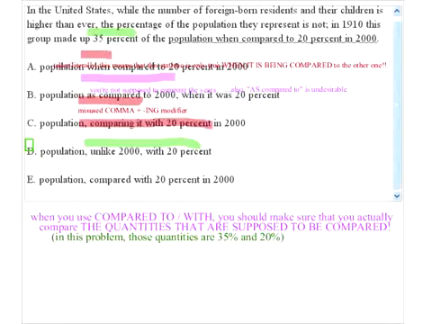And then finally, this one, there's two things wrong here. The first thing is that "unlike" compares to the subject of the preceding clause. So this means that this group is unlike 2000.